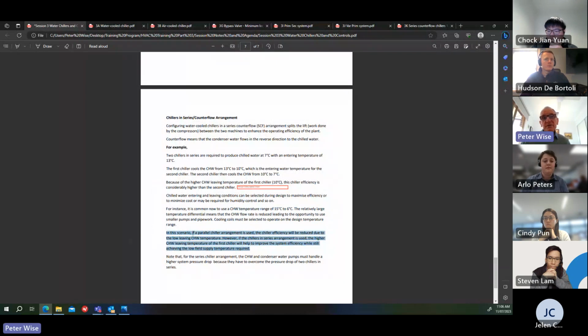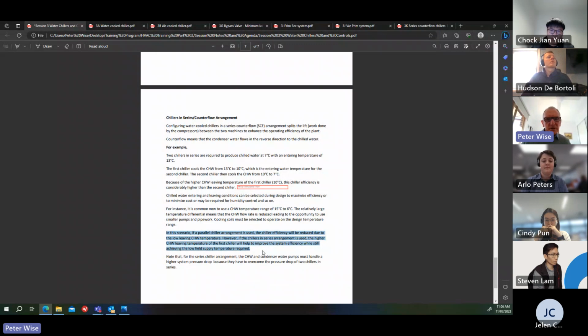As I said, in the scenario that I showed you, if a parallel chiller arrangement is used, the chiller efficiency will be reduced due to the low leaving chill water temperature. If they're in parallel, they're both producing 7-degree water, the efficiency will be lower than if they're in series, and one's producing a higher chill water temperature, which is then reduced by the second one. I hope that makes sense.